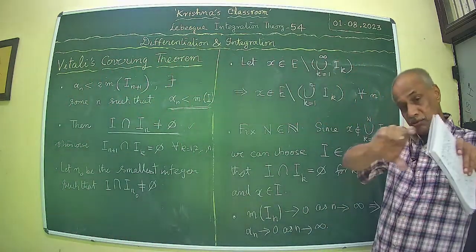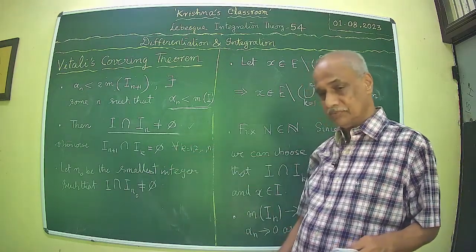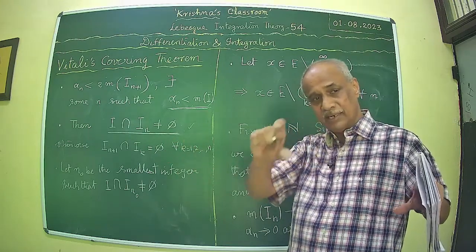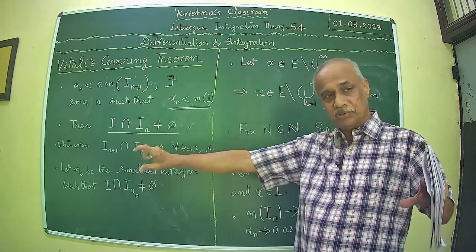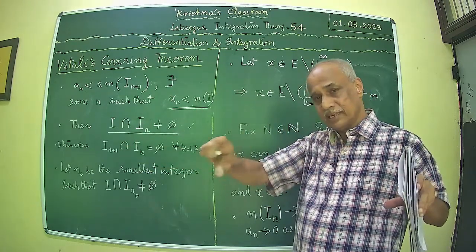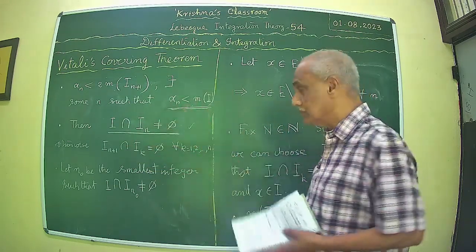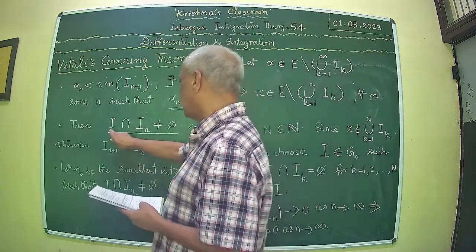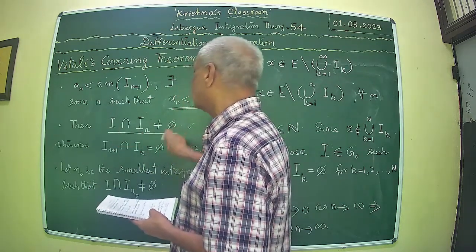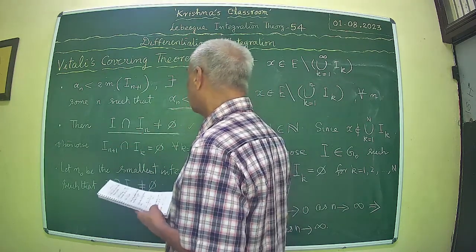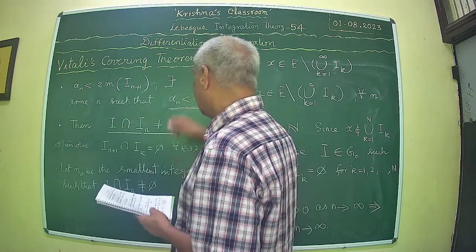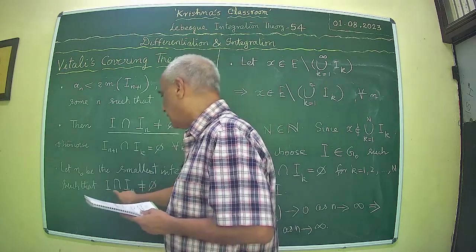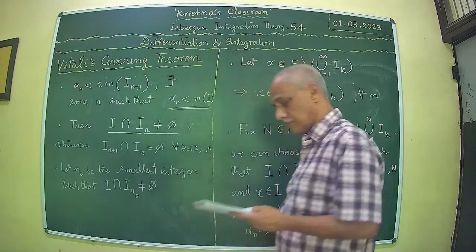Because we are choosing these I_n in such a way that I_{n+1} has no intersection with I_1, I_2, etc., they are all picked up from I. But if your I has the property that I intersection I_n is non-empty, then there is some n naught for which I intersection I_{n naught} is non-empty.